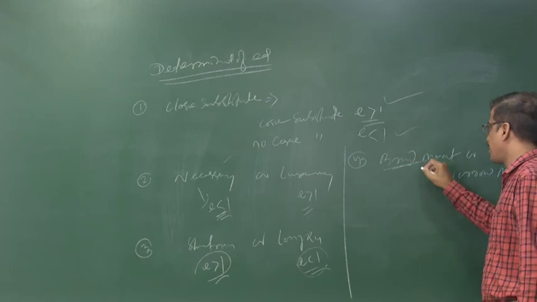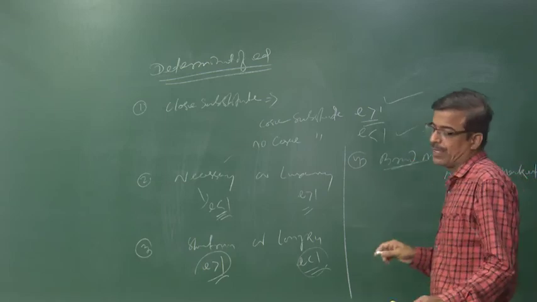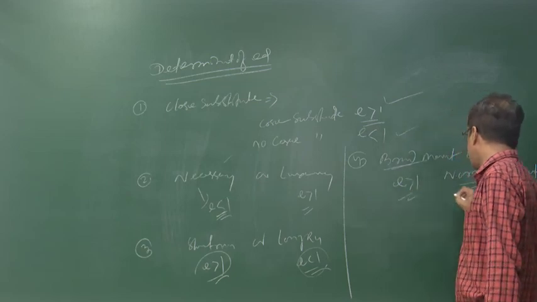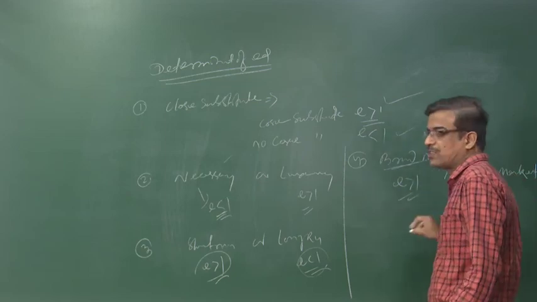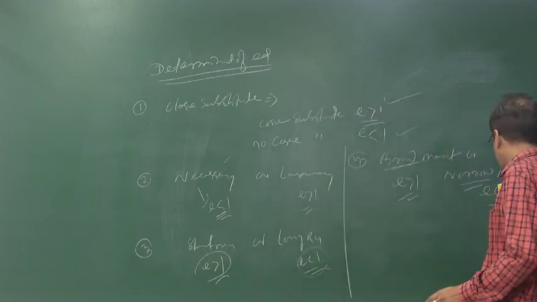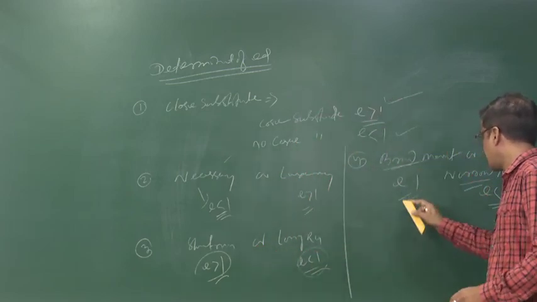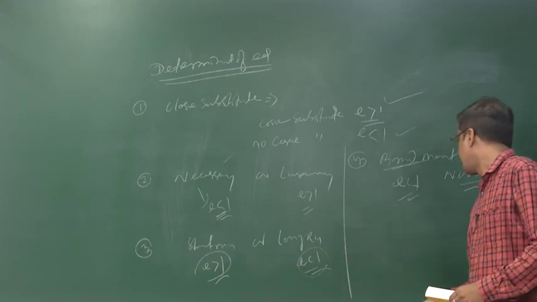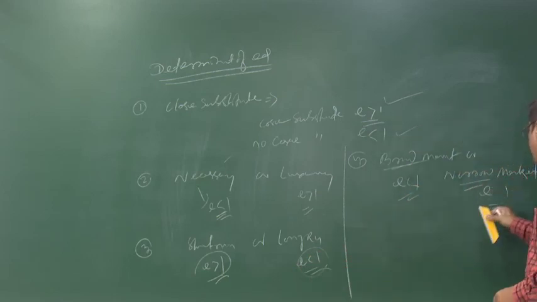In the case of broad market and narrow market, just reverse it. In a broad market, elasticity of demand is less than 1, like in the long run, and in a narrow market, elasticity of demand is greater than 1.